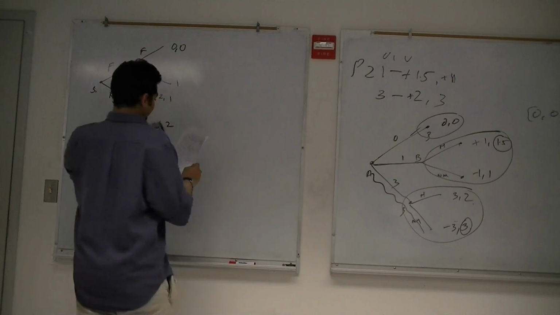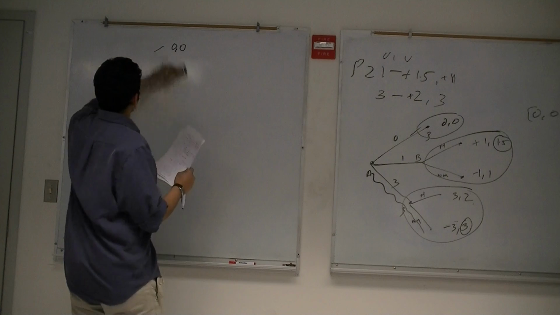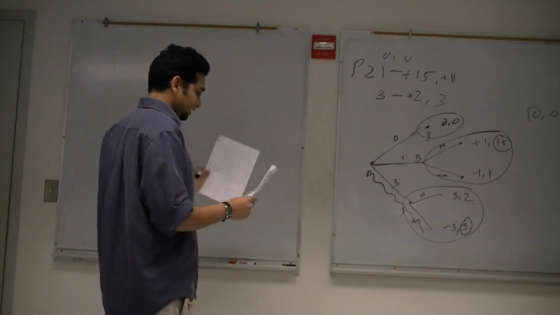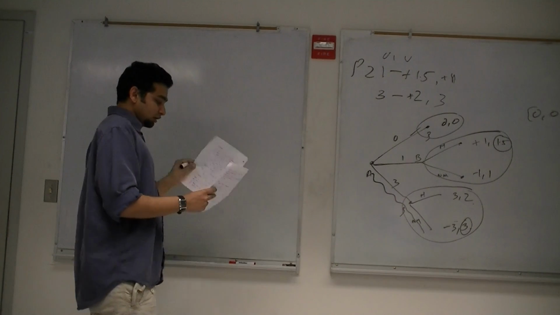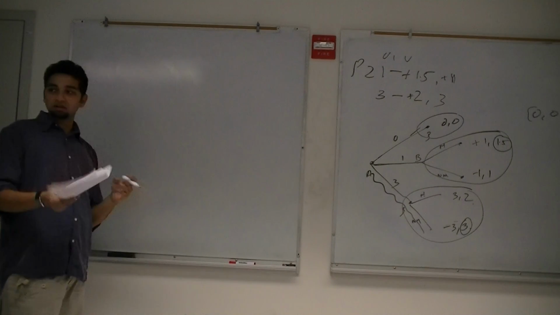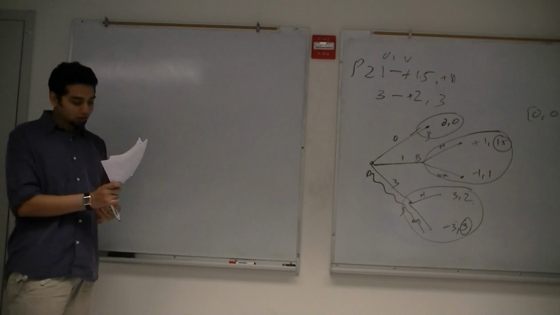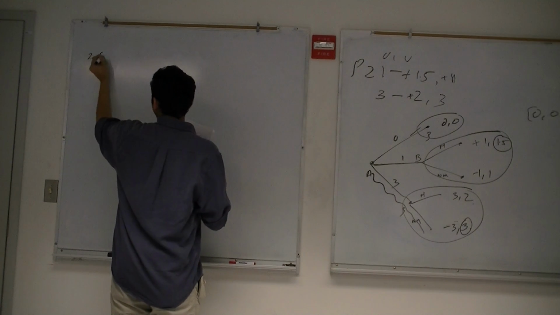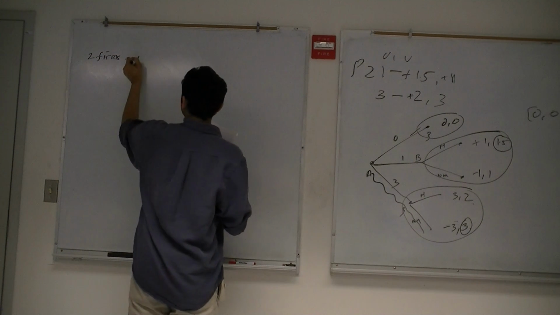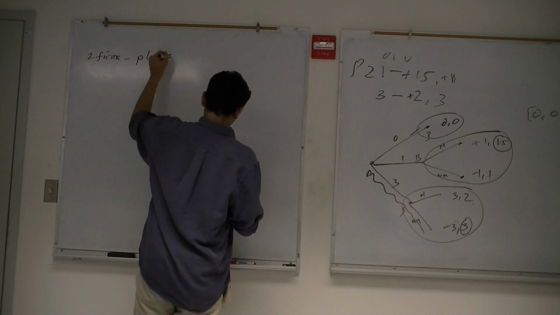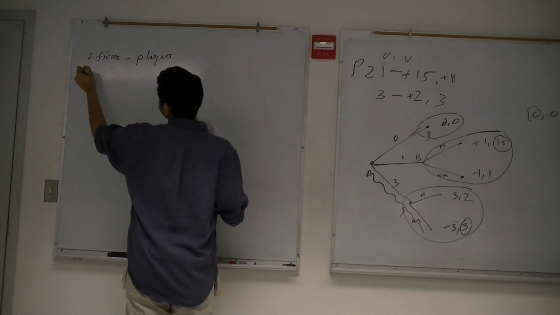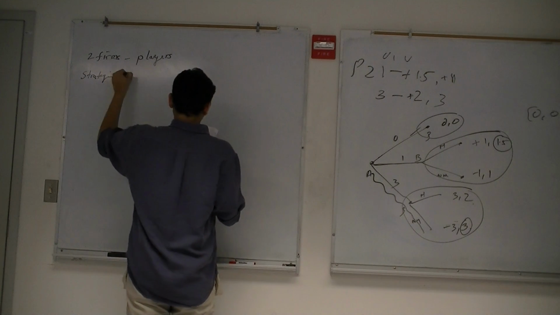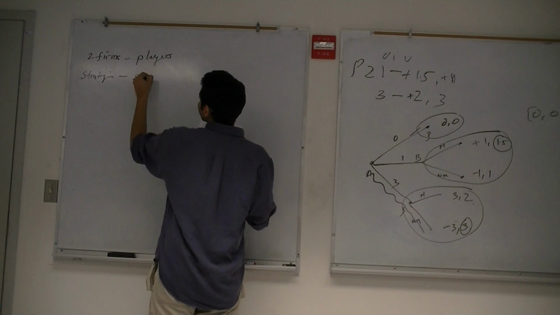So let's try to look at the Stackelberg model. Before going into the Stackelberg model, we'll look a bit into the Cournot model. The Cournot model has two firms as players, and their strategies are the quantities they produce.